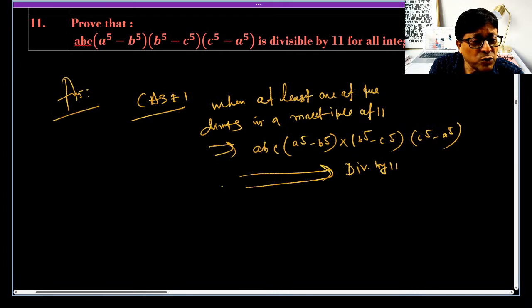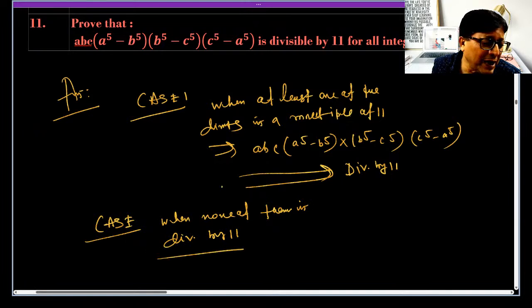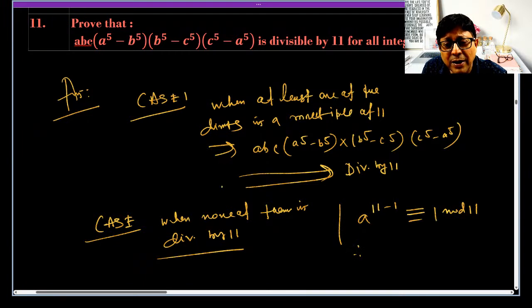But case 2 is also there. When none of them is divisible by 11, then what do you get? You go by Fermat's theorem. A to the power 11 minus 1 is congruent to 1 mod 11, isn't it?